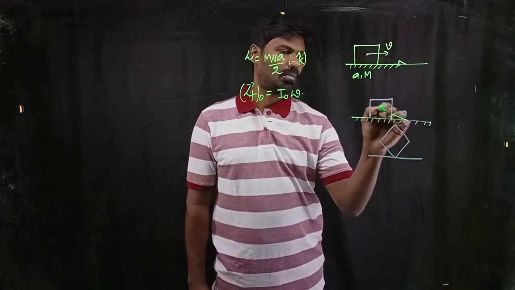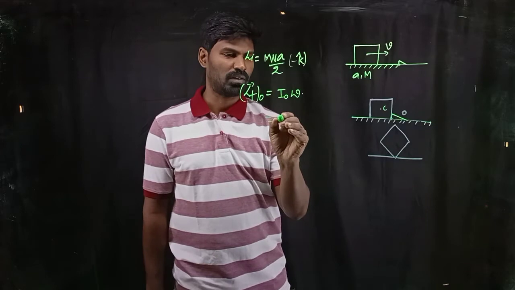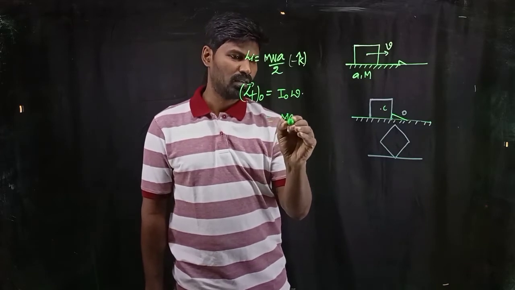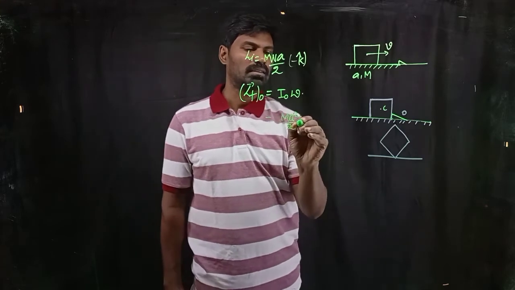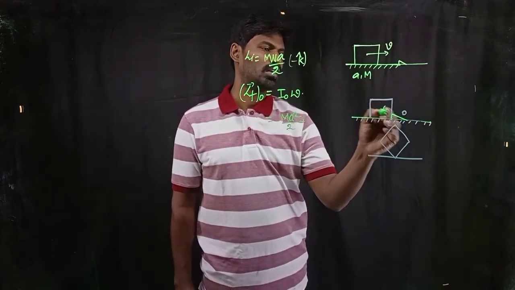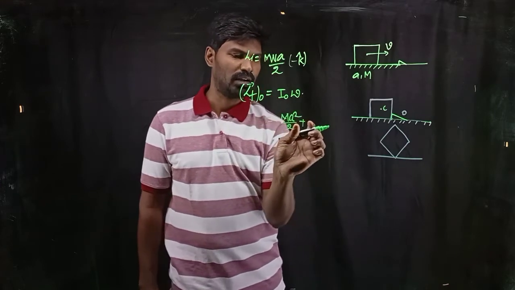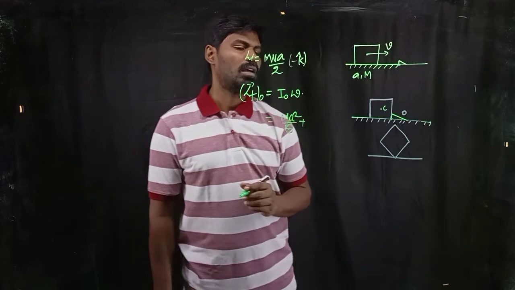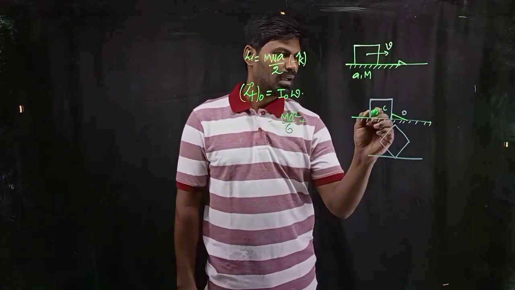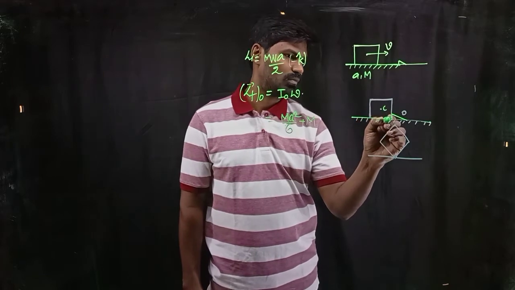What is IO about this point? This is the center of mass. About its center of mass, it is nothing but a rod of length A. About its center of mass, how much is it? M A square divided by 12, Ig, plus, I am using the parallel axis theorem to find out about this axis. For a square plate, M A square by 6, plus M into the square of the distance between this point and this point.